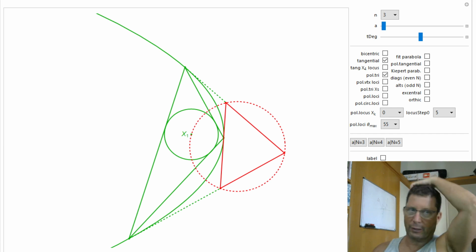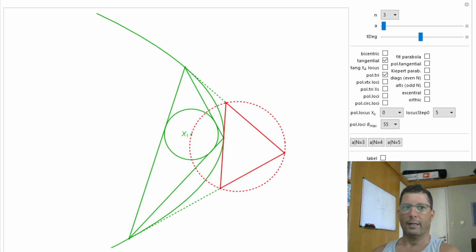But before we actually get into that, let's just recall a well-known property of parabolas. If you take three random tangents to a parabola, they can be emanating from anywhere on the parabola. As you intersect those three tangents, they're going to form a triangle. They're going to intersect in three spots, A, B, C, and you can think of that ABC triad as a triangle. The circumcircle of that triangle necessarily goes through the focus of the parabola. So the focus of my parabola is the incenter of my tangential family.